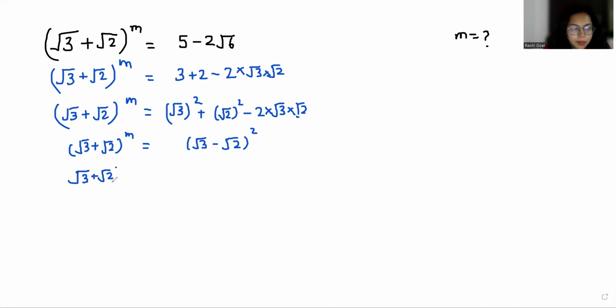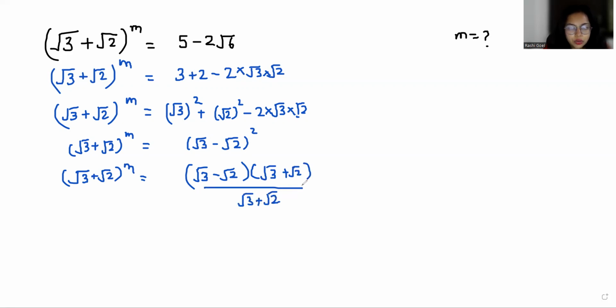Now I am going to multiply by the conjugate of this. So (√3 − √2) times (√3 + √2) by (√3 + √2) with whole square.